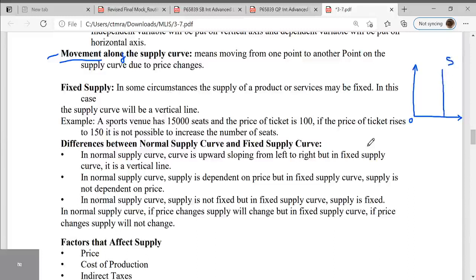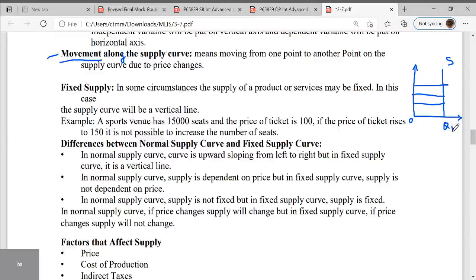That leads to a fixed supply. If you are considering elasticity, this is known as perfectly inelastic supply. That means no matter what the price is, the supply will remain the same, whether the price increases or decreases. At any price it will be the same. That's why this is known as fixed supply.